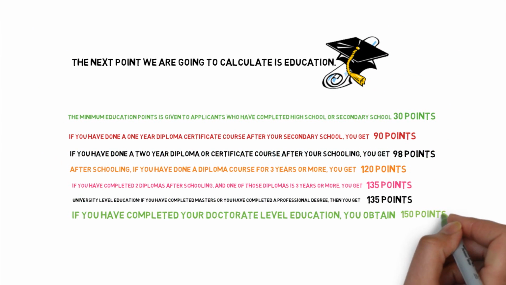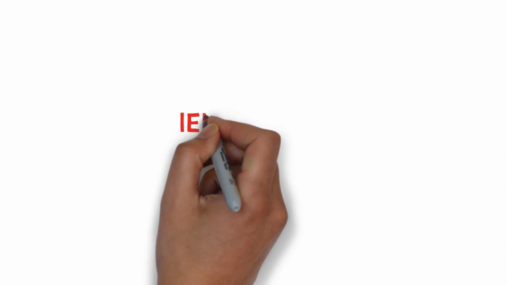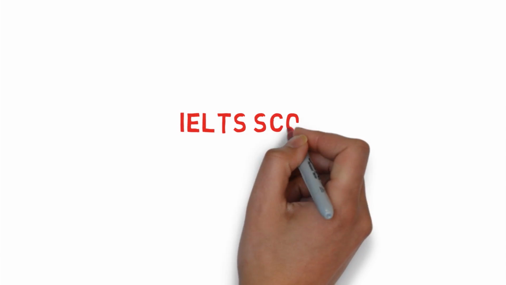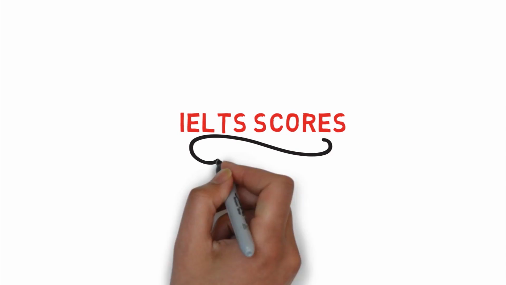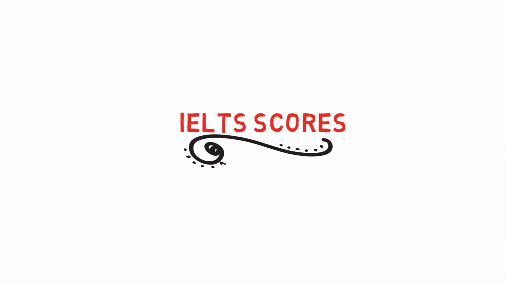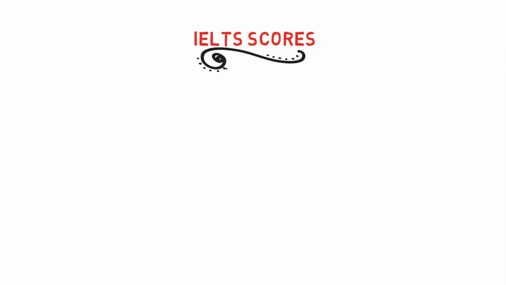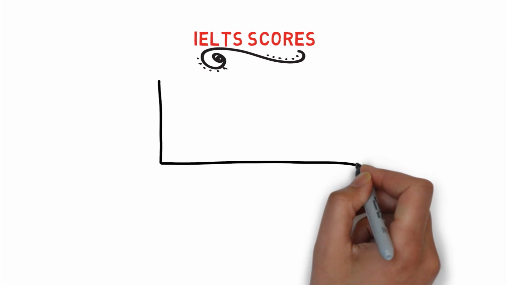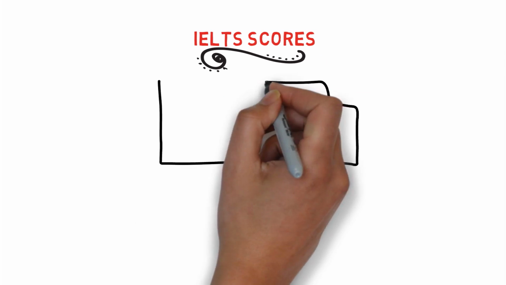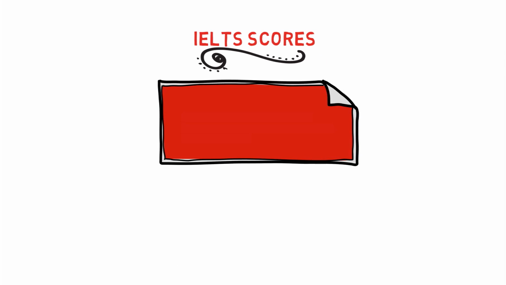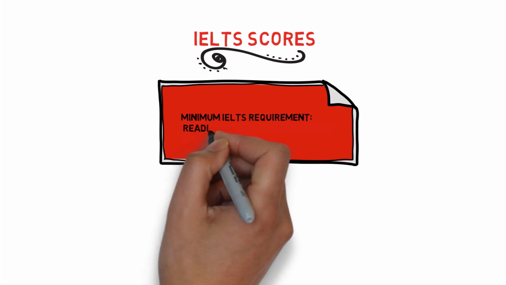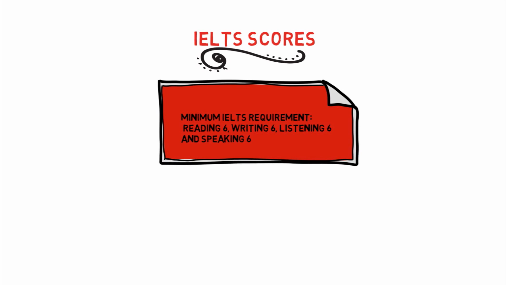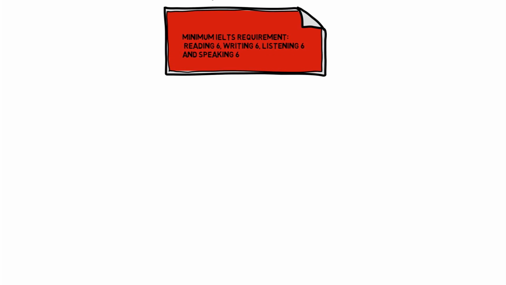Calculate your Ielts scores. Language or English is very important, and English scores are calculated everywhere. This chart hopefully gives you a clear picture on what the Ielts score requirement is going to be. Keep in mind that for this program, the Fast Track FSW program, the minimum language benchmark to qualify is CLB 7, which is 6 in each Ielts band.